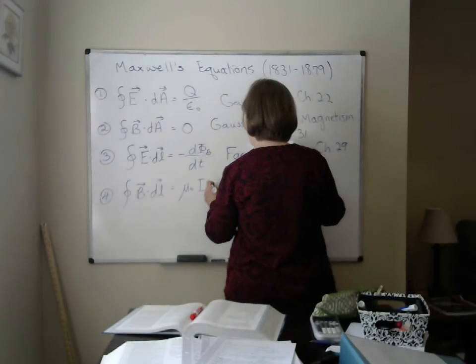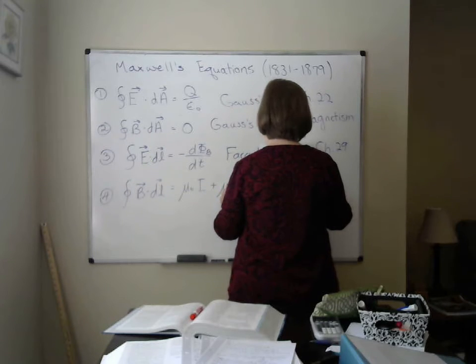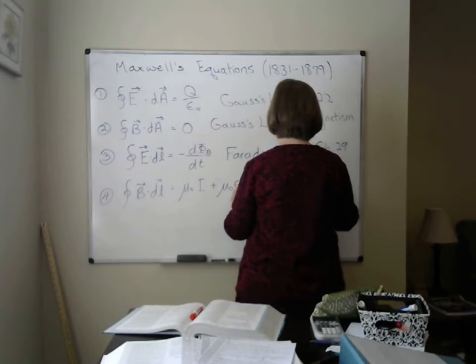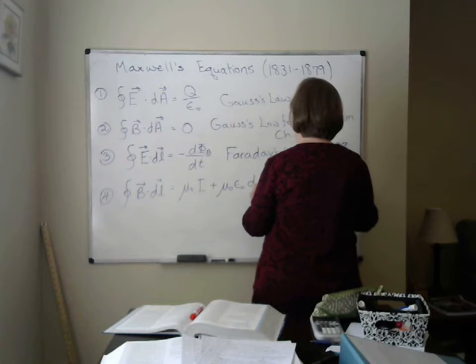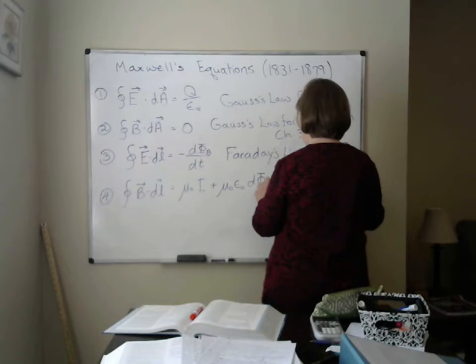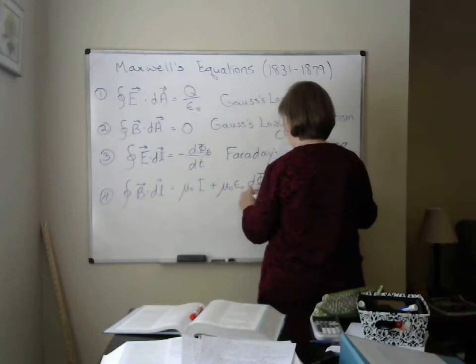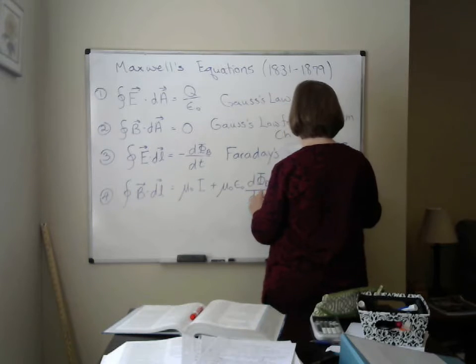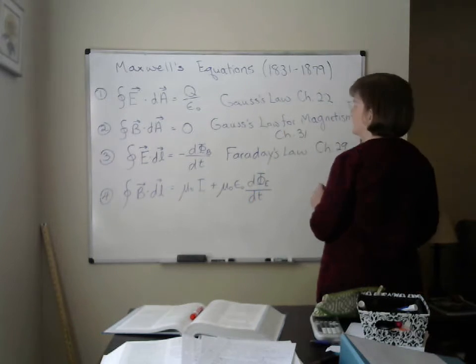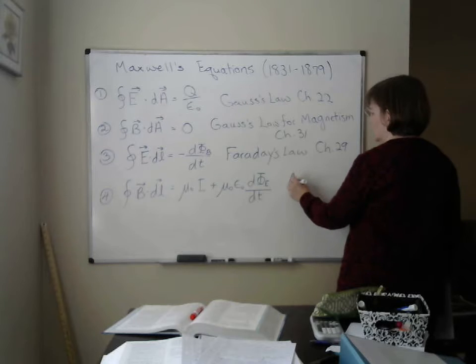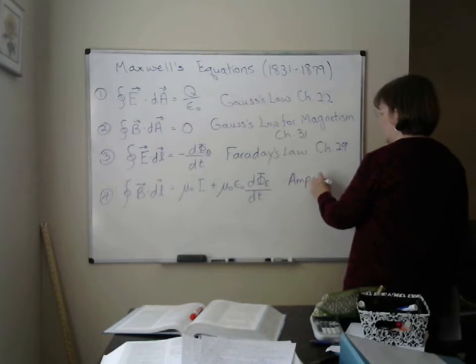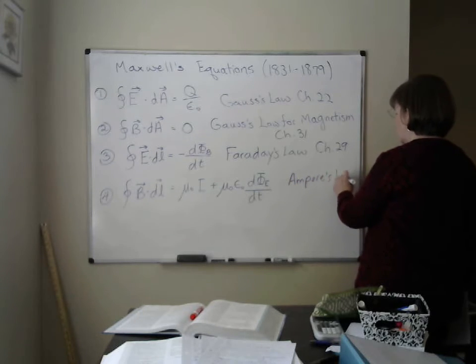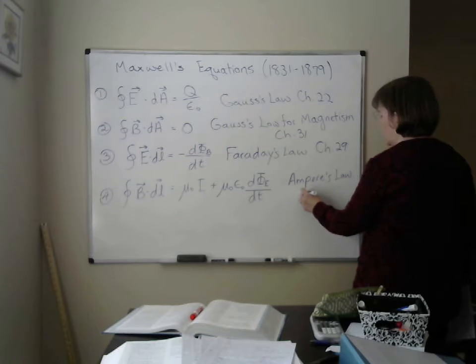But Maxwell, this is his big contribution, said there is a second term when there is a changing electric field. And this is the generalized form of Ampere's law. It's not the one the way we studied it in chapter 29. It's a more complete version.